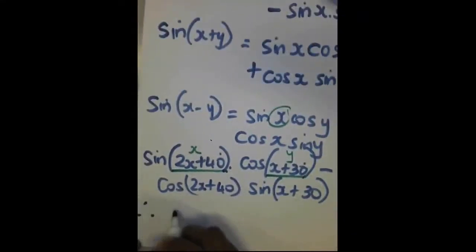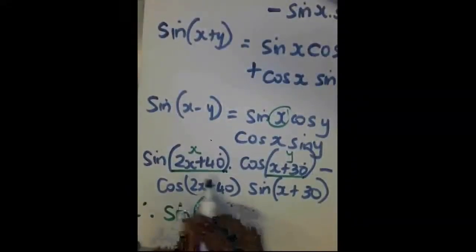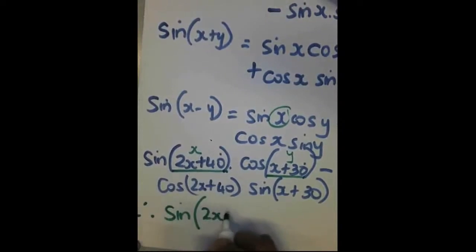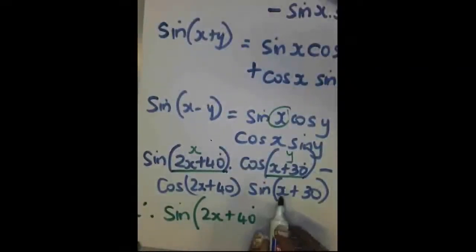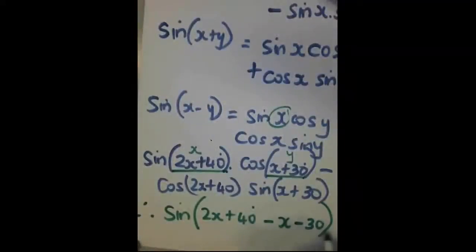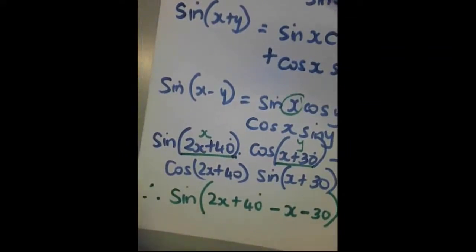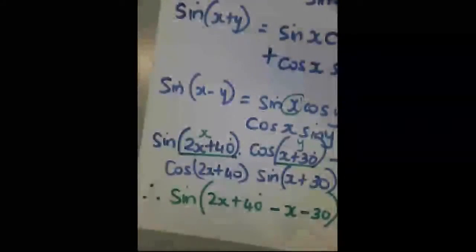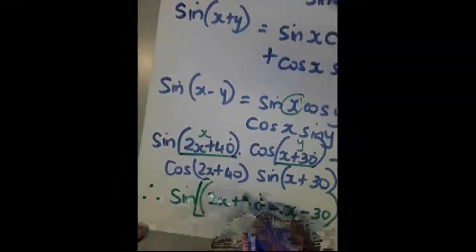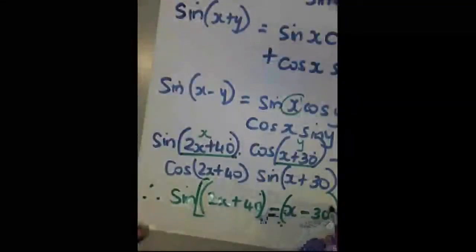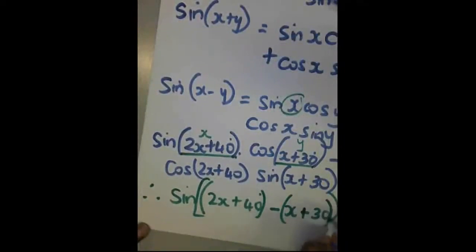Therefore, I'm actually sitting with a function that says whatever was x, 2x plus 40, minus whatever was the y, x minus 30. See? So if I put it in square brackets for you, this is x, this is y.